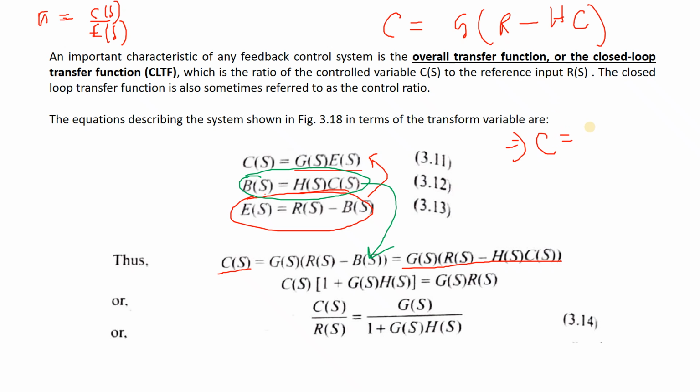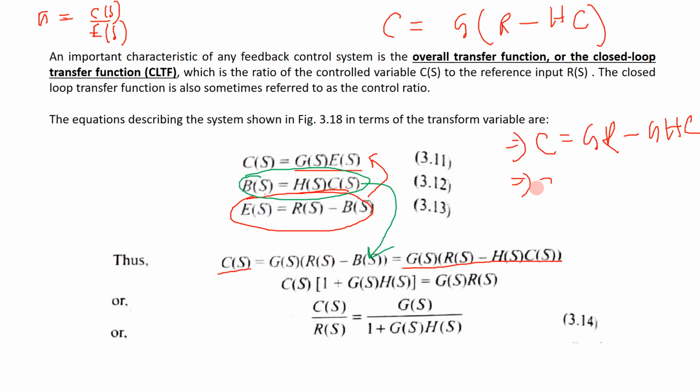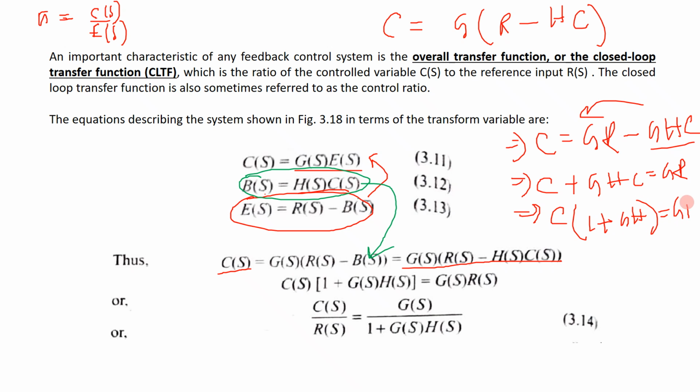So C is equal to G into R minus HC, which gives C equals GR minus GHC. Now, taking this part on the left hand side, C plus GHC equals GR. Then taking C common, C into 1 plus GH equals GR. Got it?